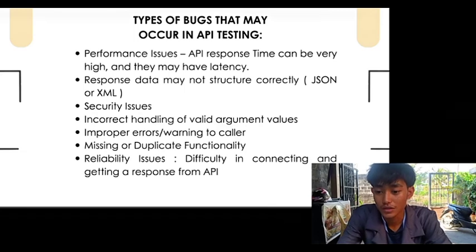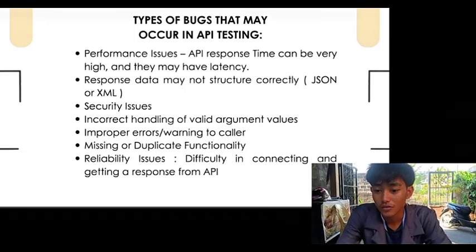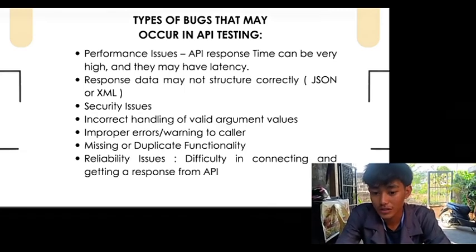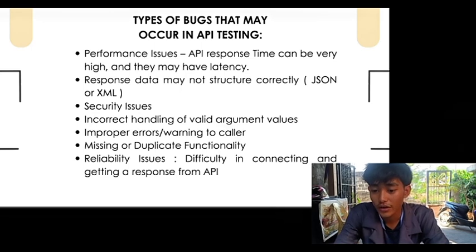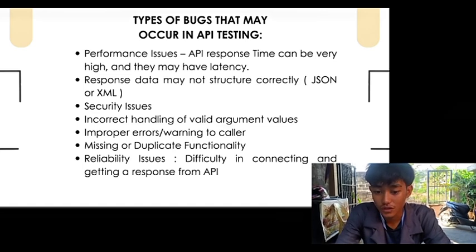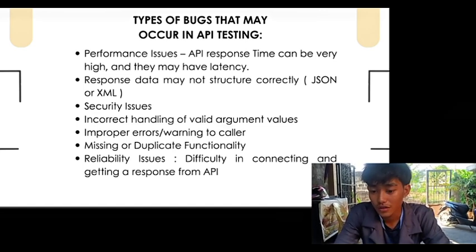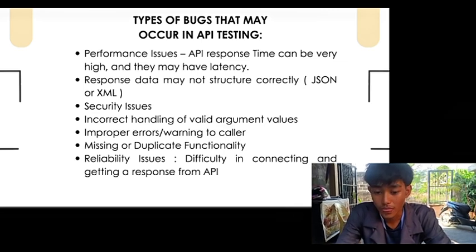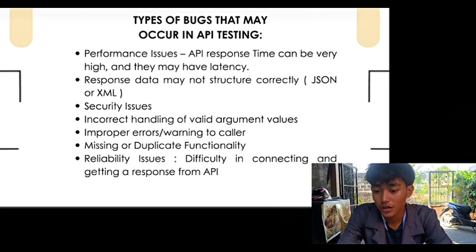Types of bugs that may occur in API testing. Performance issues. API response time can be very high and they may have latency. Response data may not be secured correctly. JSON or XML. Security issues. Incorrect handling of valid argument values.